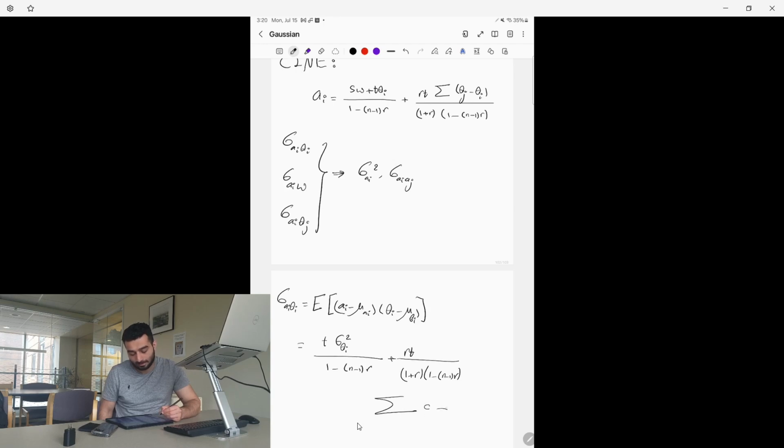We have a minus sign. Theta I, which is sigma theta I squared, right?